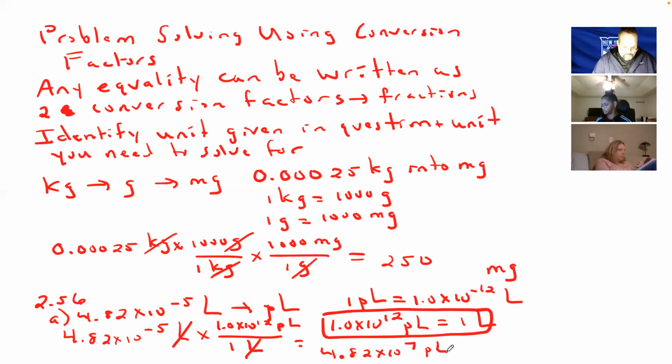So 4.82 times 10 to the 1, 2, 3, 4, 5, 6, 7. Yep, 4.82 times 10 to the 7th picoliters. Okay. Questions about that?